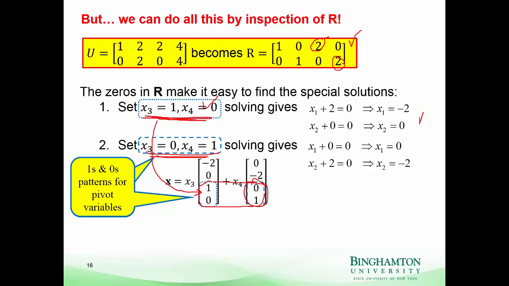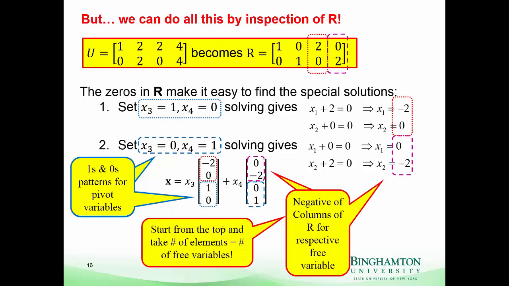So the way this works by inspection is that we just go, okay, you see this minus 2, 0 that we got for our solution? That's actually this free column. And you see this 0, minus 2? That's actually this free column. Well, almost.